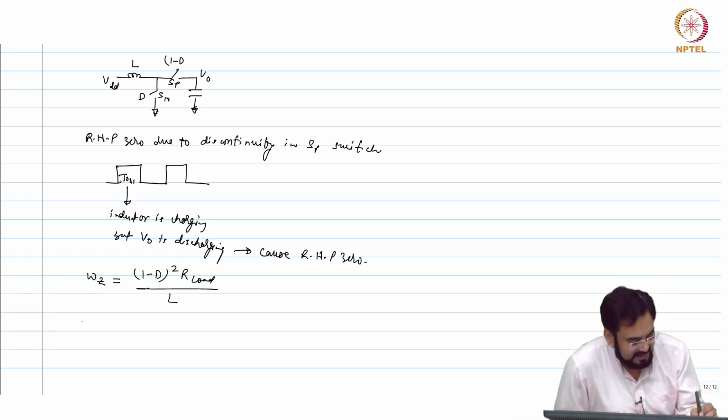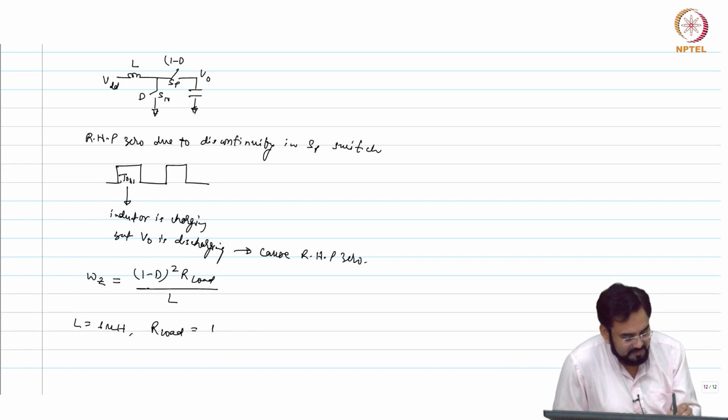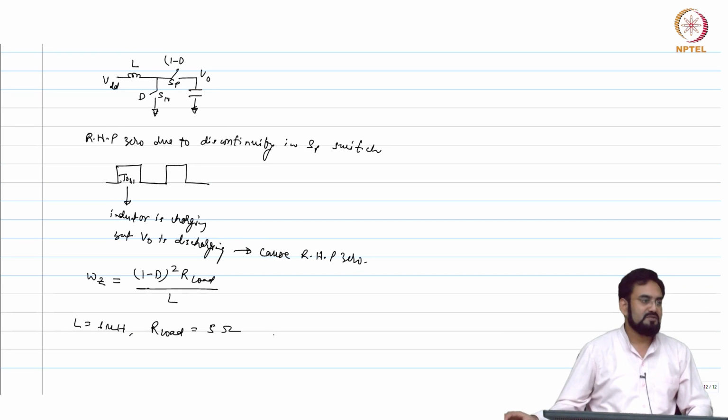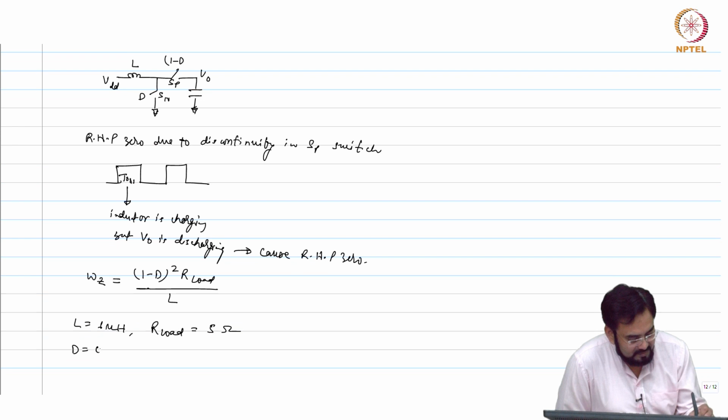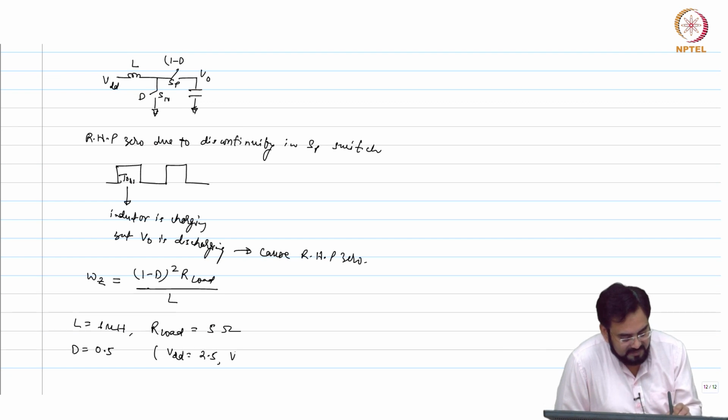So if I want to take an example, let us say L equal to 1 microhenry, R load equal to 5 ohm, let us say I am talking about 5 volt, and D equal to 0.5, which means VDD equal to 2.5, V out equal to 5 volt.